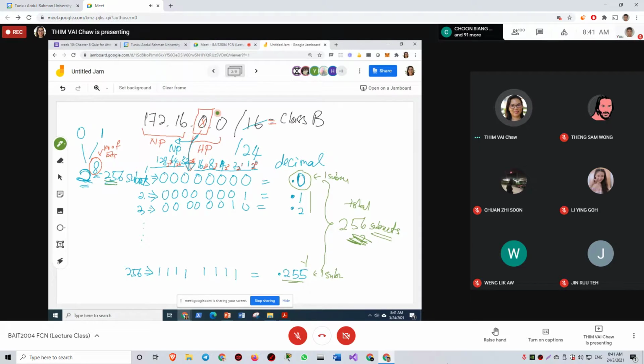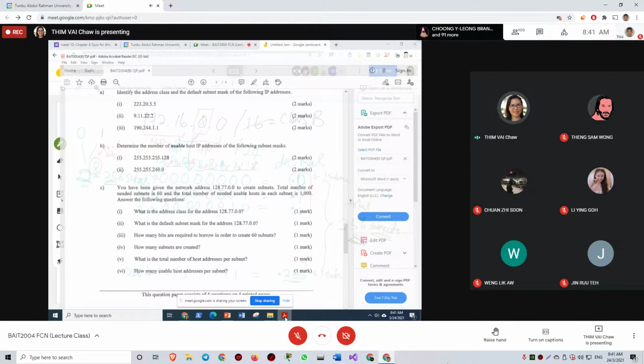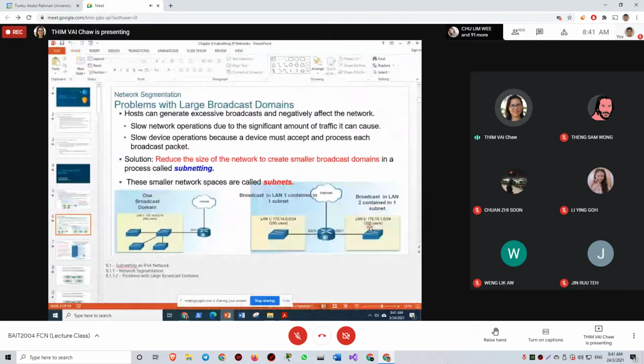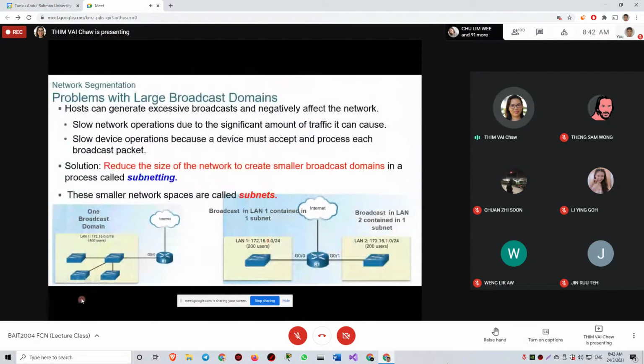So coming back over here, you will be able to see this diagram. It will have this number .0 and here is .1, and here is the first subnet. Sometimes you say, Miss Chow, you use the first subnet, but in reference books they use subnet 0 as equivalent to the first subnet.